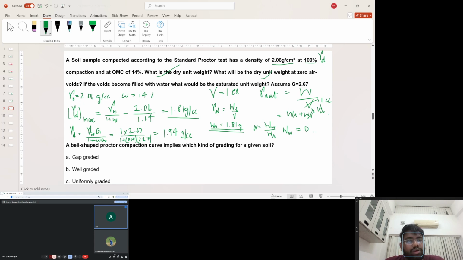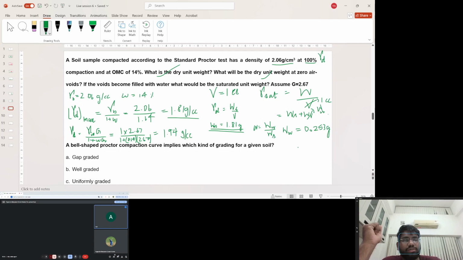So this is 0.253 grams. That is present here. So now we know the weight of solids and the weight of water that is already present. But the main thing is we don't know how much total voids there are, such that the water content is 14%.